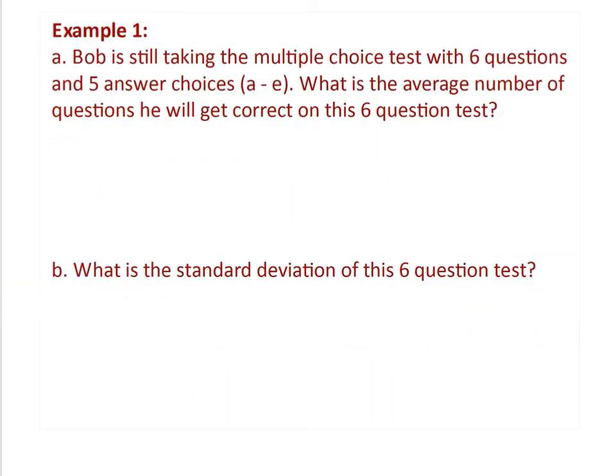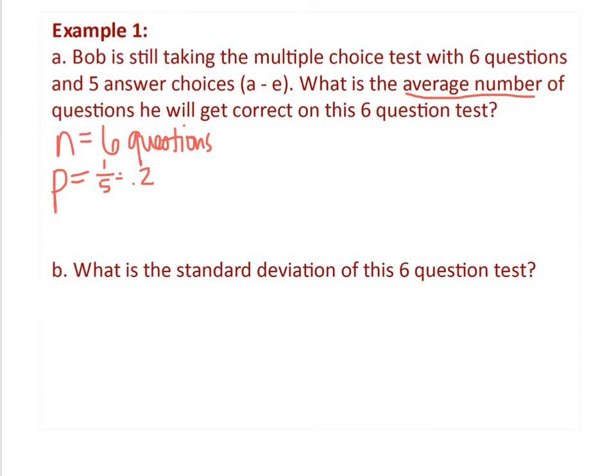Let's take a look at an example. We're still back at Bob. Bob is still taking this multiple choice test. I know we're probably tired of hearing about Bob. With 6 questions and 5 answer choices, what is the average number of questions he will get correct on the 6-question test? Well, n is 6 questions. The probability of a success is 1/5, or 0.2.